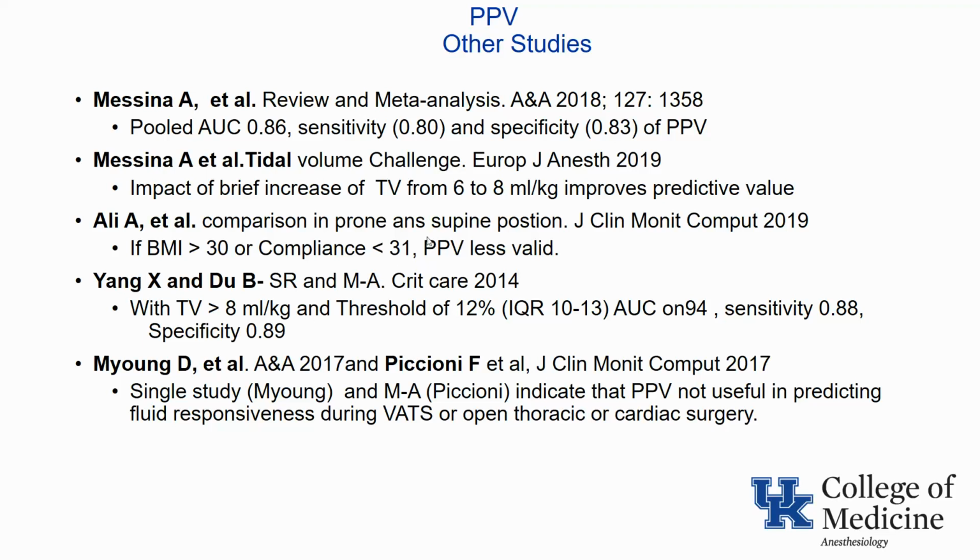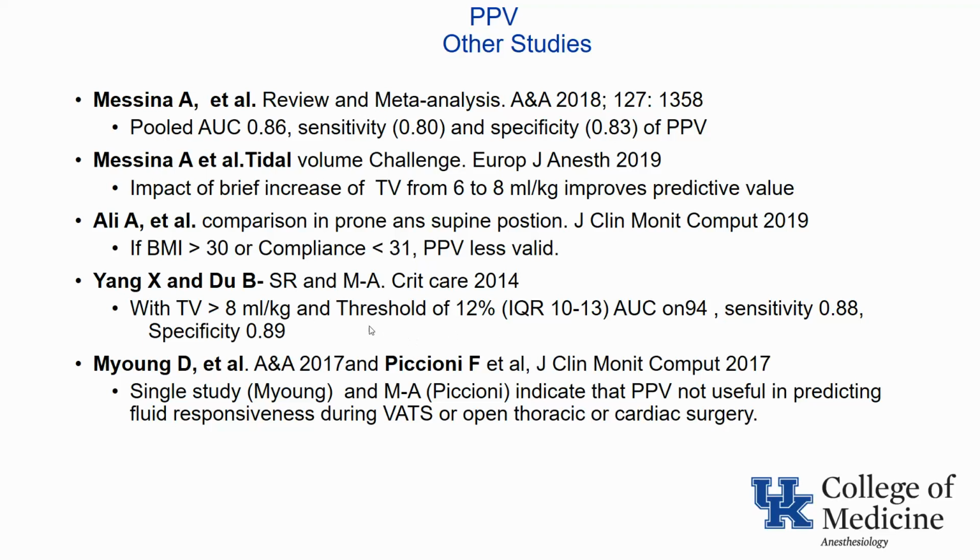This shows that in the prone position, the method is accurate as long as they aren't too obese and still have normal compliance. But when they're obese, a BMI of over 30 or a compliance of less than 30 cc's per centimeter of water, it becomes less valuable.